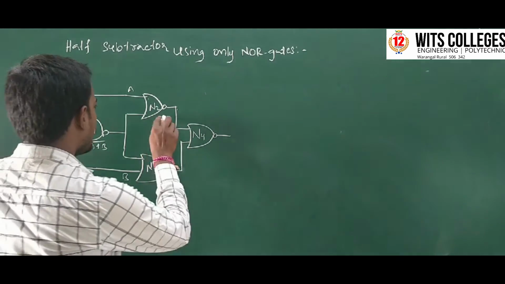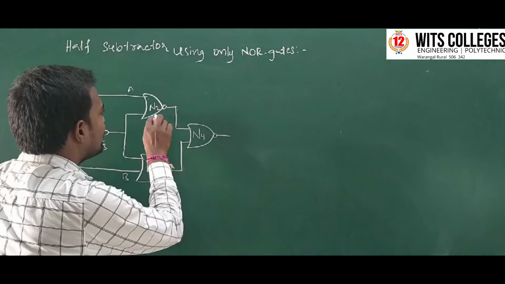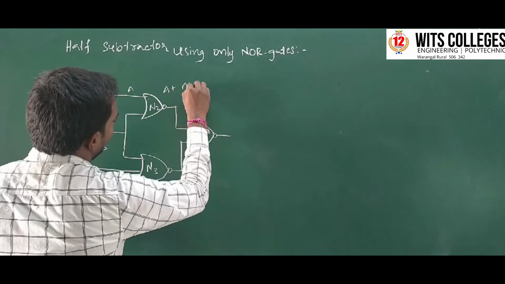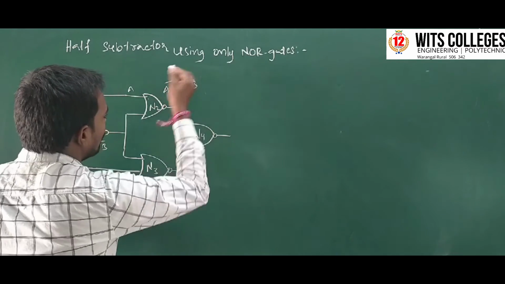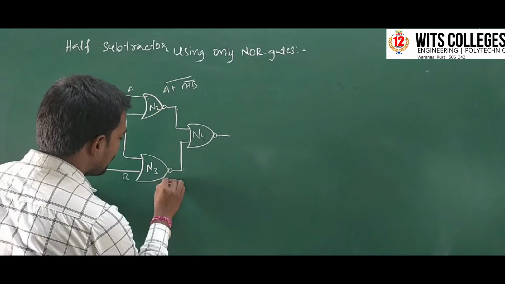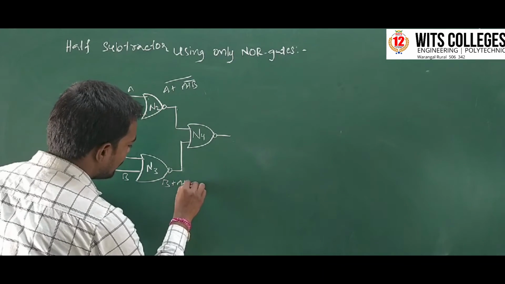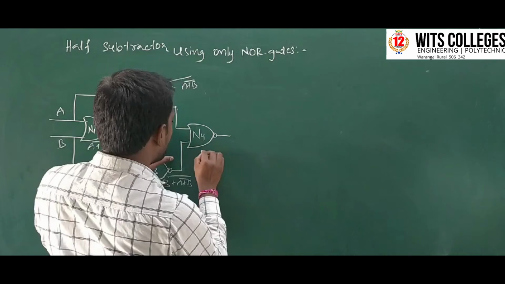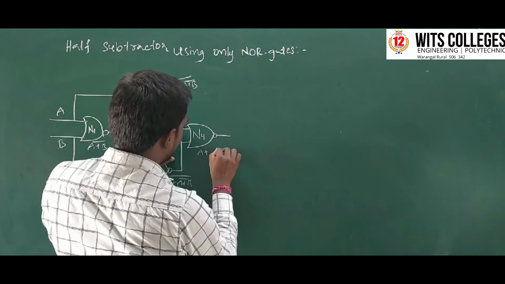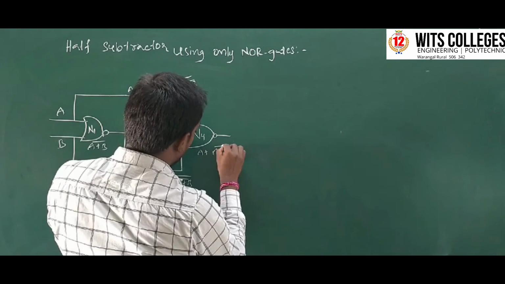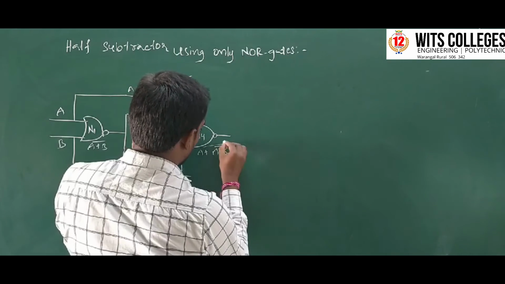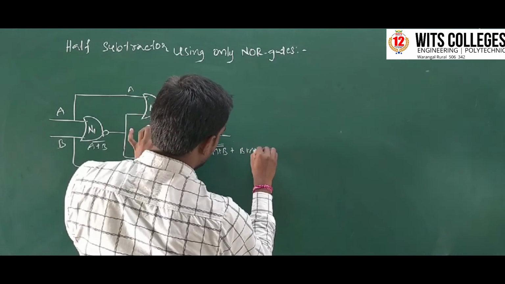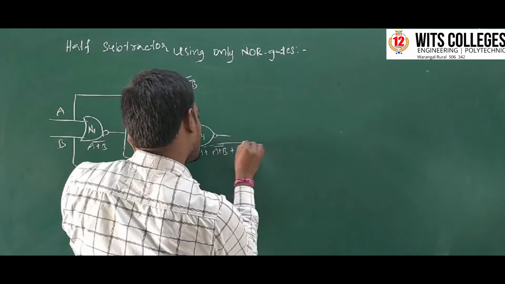NOR gate. Okay, so here NOR gate 2 gives the output of (A plus (A plus B) whole bar) whole complement, and this is (B plus (A plus B) whole complement), and this will give the output of ((A plus (A plus B) whole bar) whole complement plus (B plus (A plus B) whole complement)) and total complement.